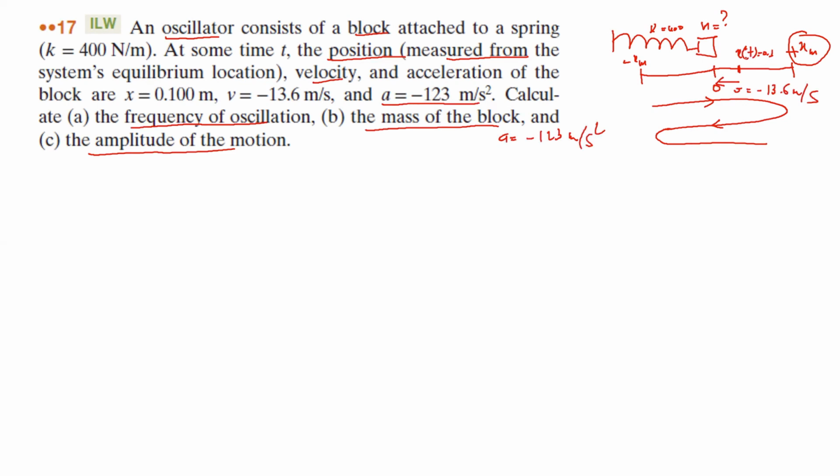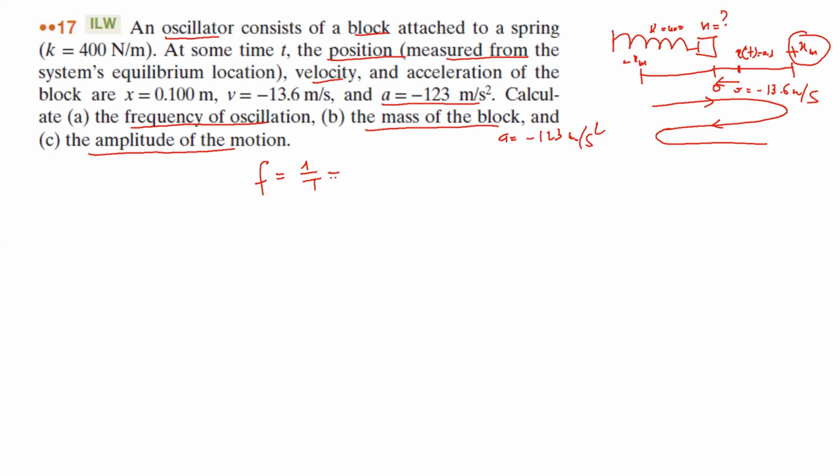Okay. First, the frequency of oscillation, omega. How can I get the frequency of oscillation? This is 1 over the period. 1 over T, capital T. f is 1 over T. But what is T? 2 pi over omega.